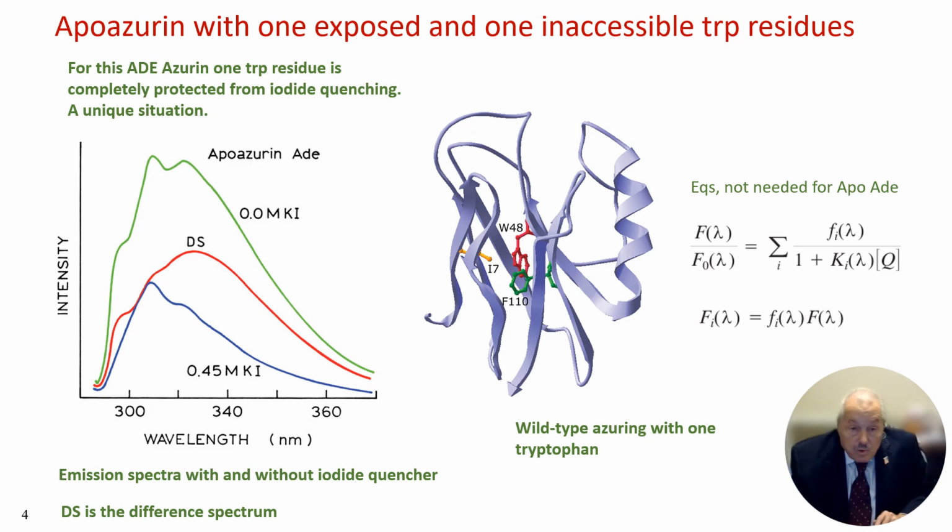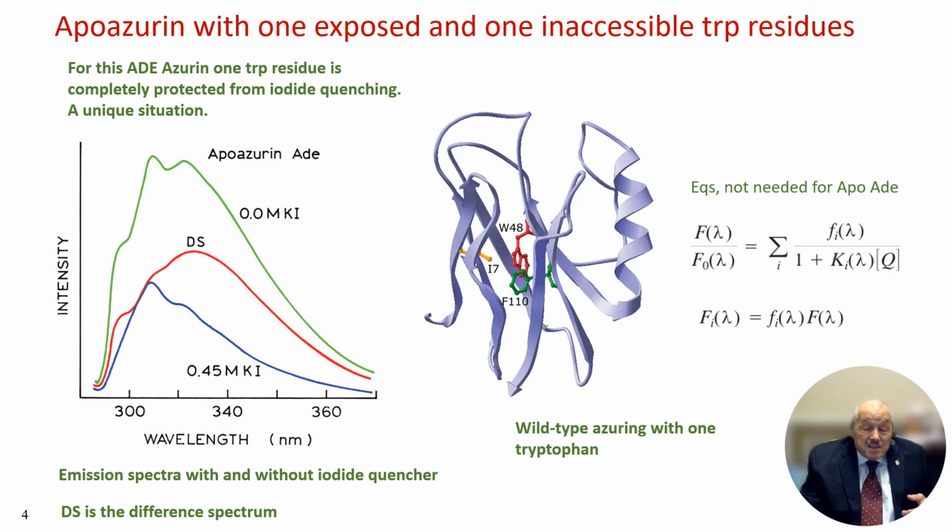And what was decided was to see what would happen if we just threw in a lot of potassium iodide, which would quench the tryptophans, and could we get spectral resolution of those two tryptophan residues? And naturally it worked, or I wouldn't have been mentioning it.